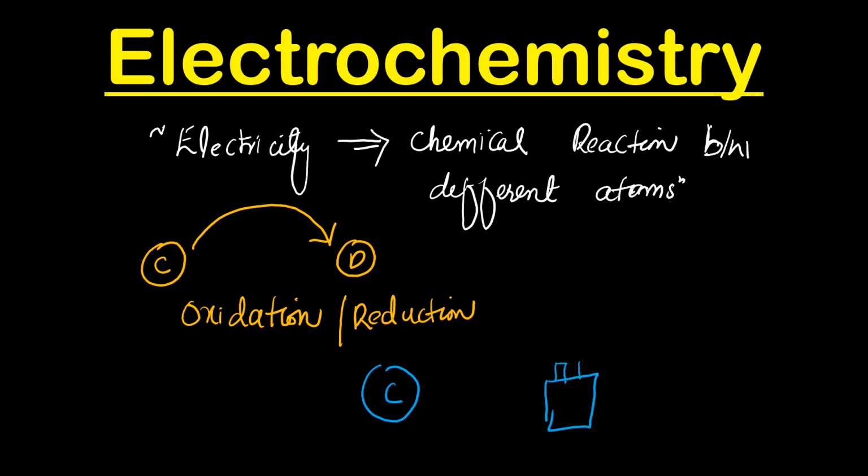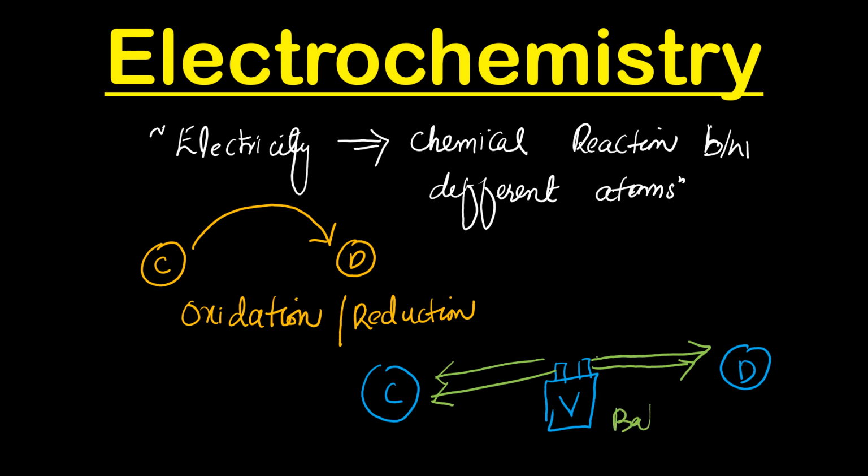This is a battery V, and these are atoms C and D. A battery with a positive and negative terminal is applied on atoms C and D, and due to the current of the high potential battery, oxidation reduction reactions will occur.